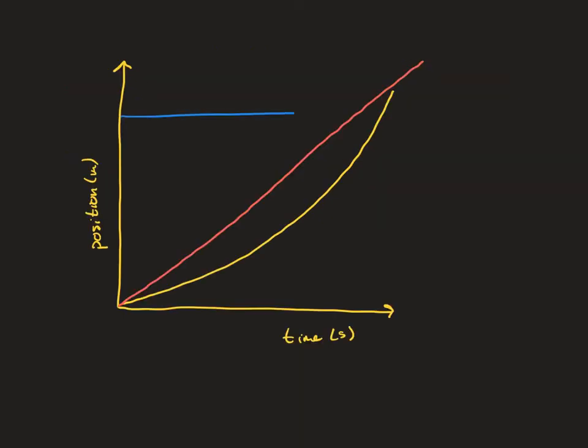Now we're going to look at a graphical representation of position versus time. So remember, slope is equal to rise over run. So the rise, in this case the y values, is change in position.